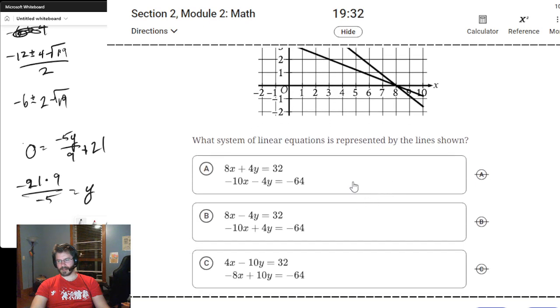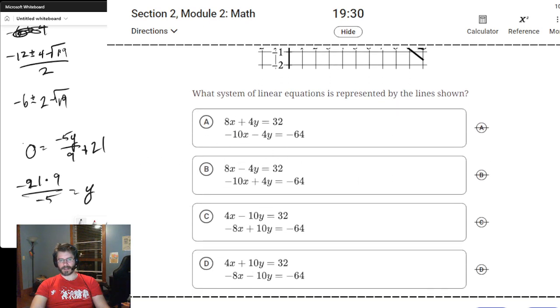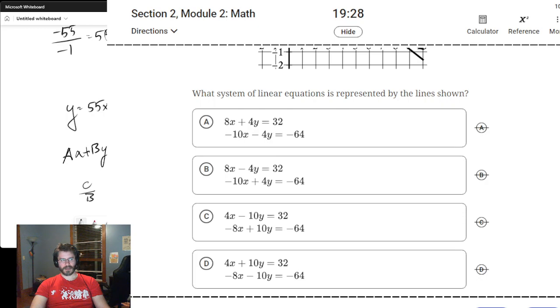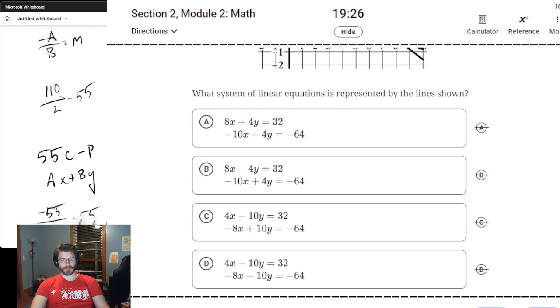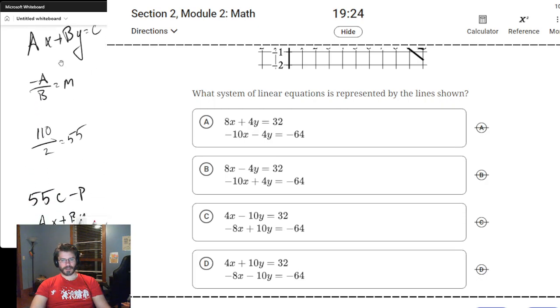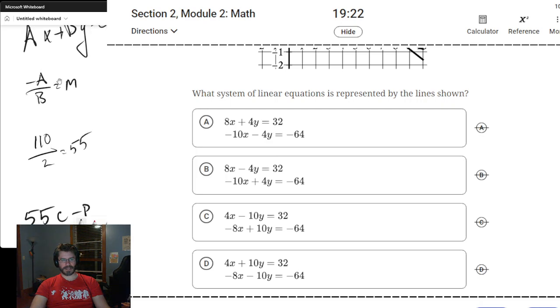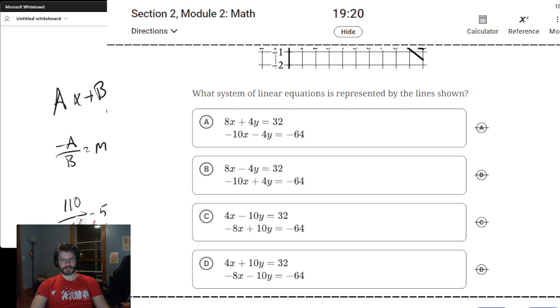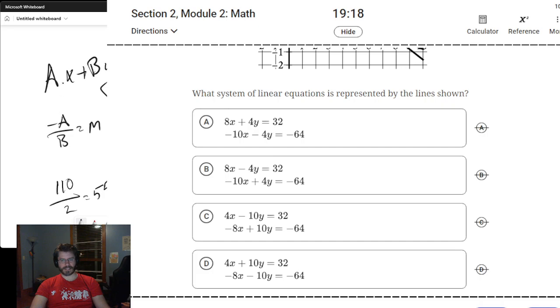are both negative. So in order to remember on standard form, right here, the slope is negative a over b. So if I want a negative slope, one of these has to be negative. So both of those being negative, there's a negative out there. So if I flip the signs on all that, you get 10 and 4 and 64.